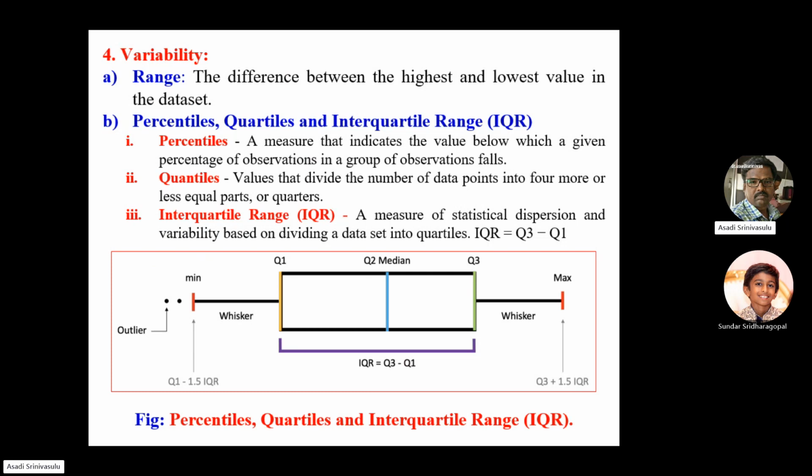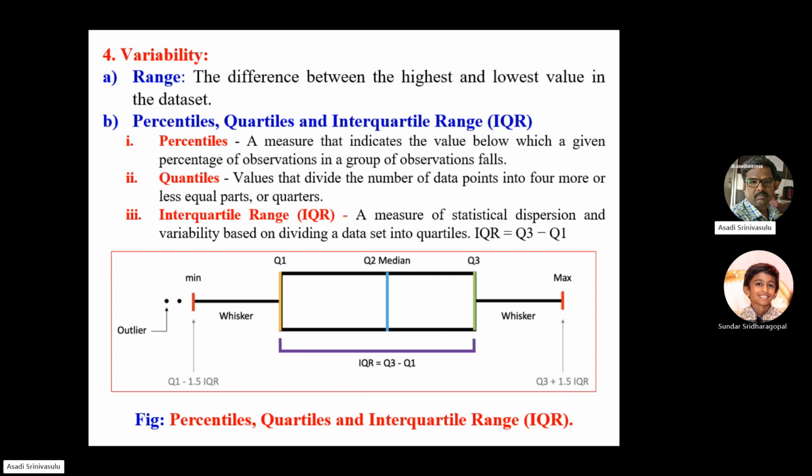The interquartile range, IQR, is a measure of statistical dispersion and variability based on dividing a data set into quartiles: IQR equals Q3 minus Q1. If you observe keenly in this diagram, IQR is Q3 minus Q1.